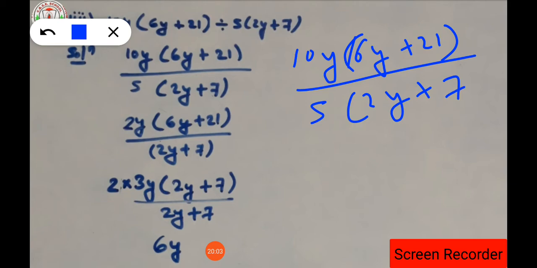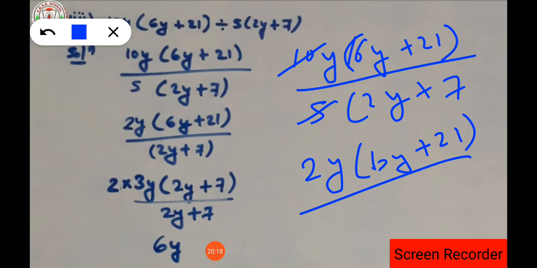Can this 5 and 10 get cancelled? Of course, by the table of 5 itself. So what is left out? That is 2y into (6y plus 21) upon (2y plus 7). This is the number which is left out.